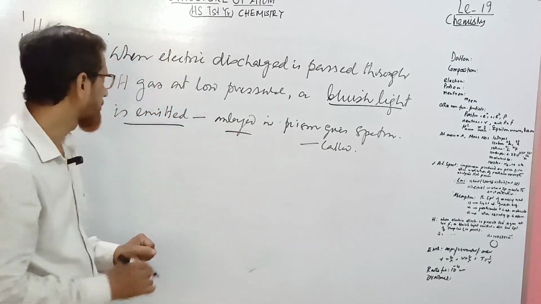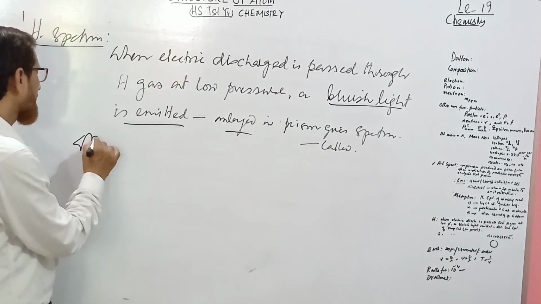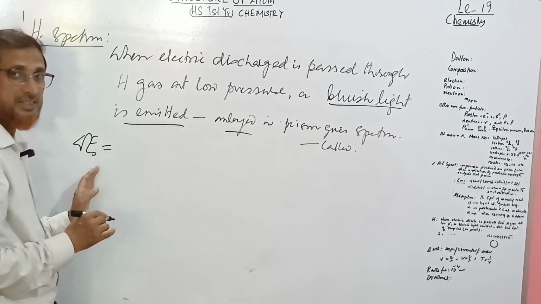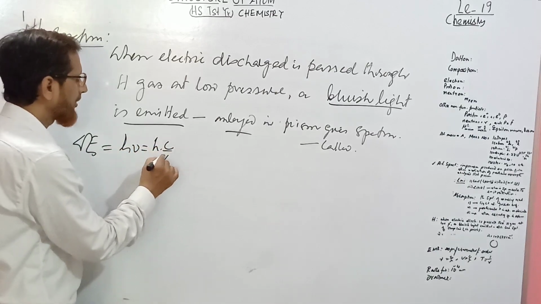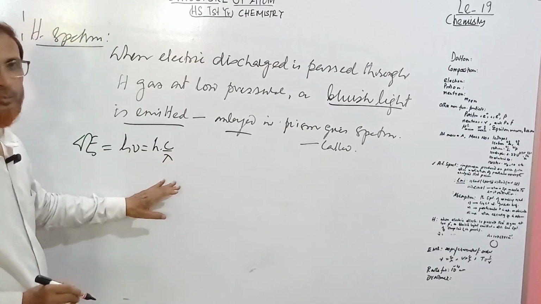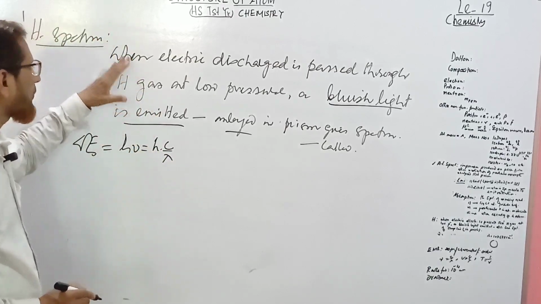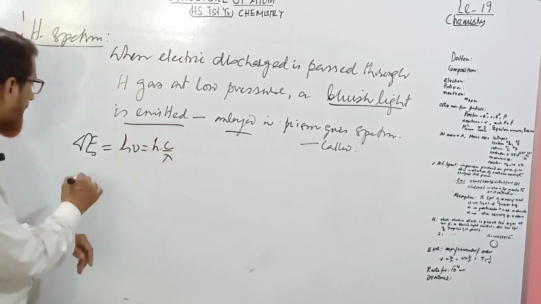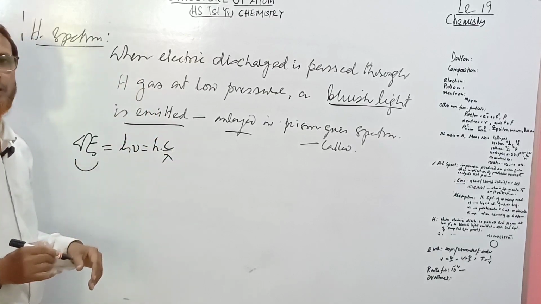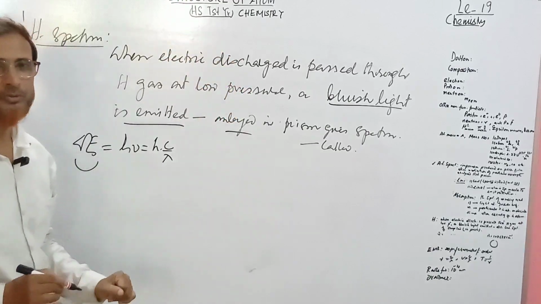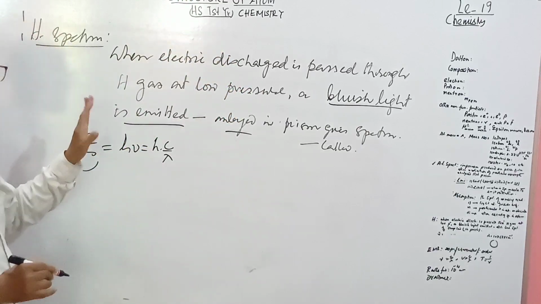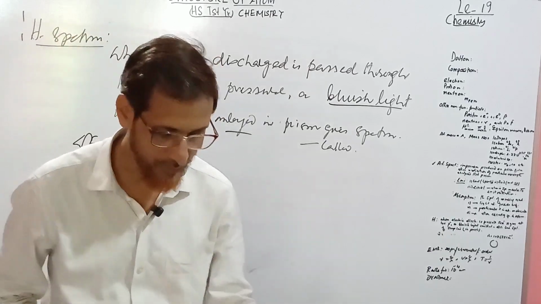You will get it later on: change in energy is equal to h nu, and nu is equal to c by lambda, and c is associated with the wavelengths. A lot of lines appear due to the emission of energy when the electron comes from the excited state to the ground state. This is the cause of production of spectra in hydrogen.